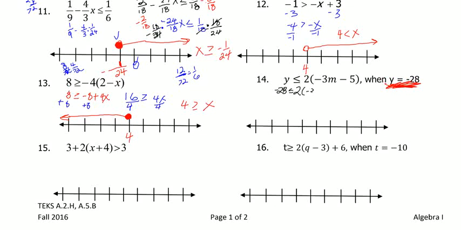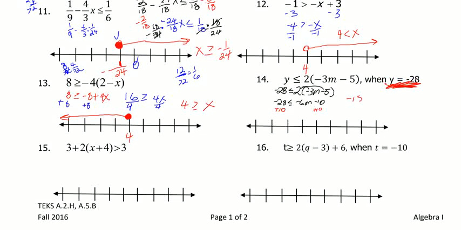So now we're going to go ahead and distribute the 2 across. -28 less than or equal to -6m minus 10. And then we're going to add 10 to both sides. So plus 10. And then that's going to leave us with -18 less than or equal to -6m.